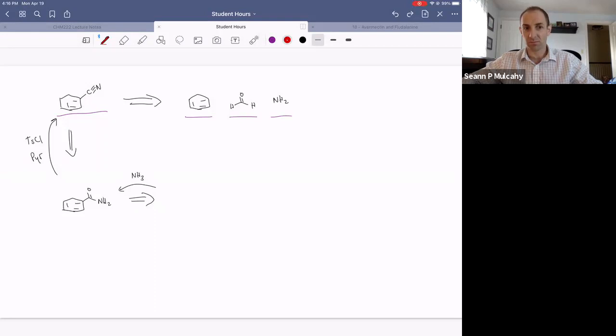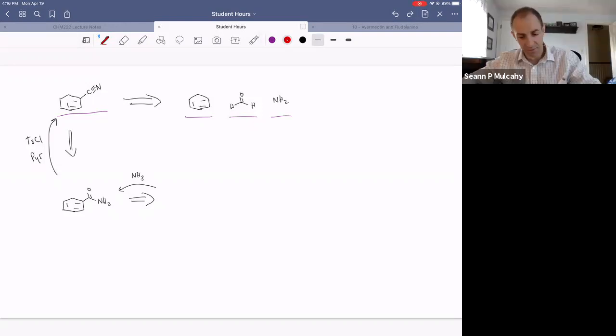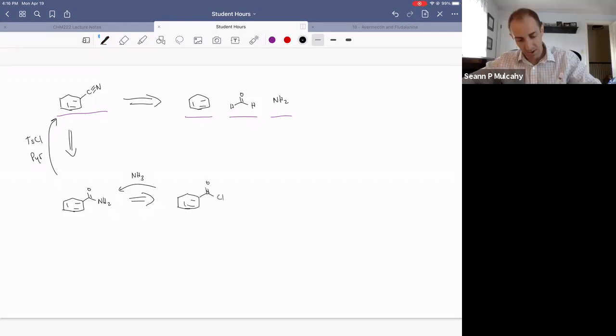Choose a good one to make that amide, right? With the appropriate set of reagents, you could make that amide. I can think of two different ways. Actually, I can think of three. Could you use acid chloride? Okay, you could use an acid chloride to make that amide directly. Okay, how do you make the acid chloride?